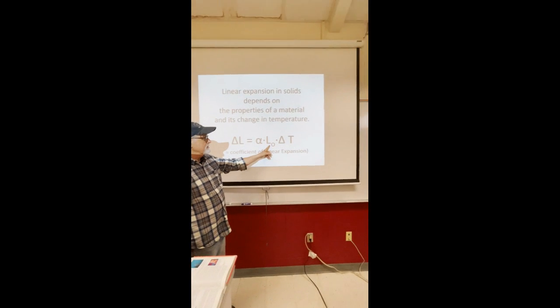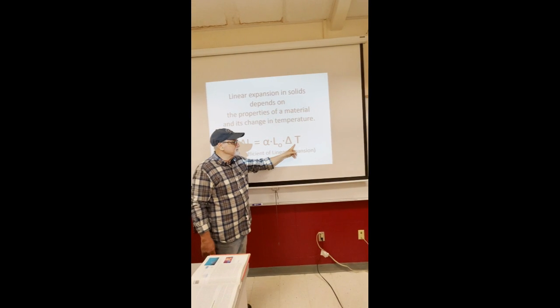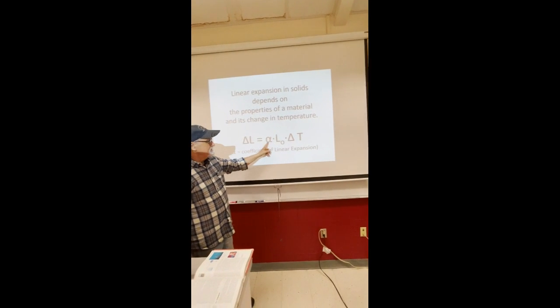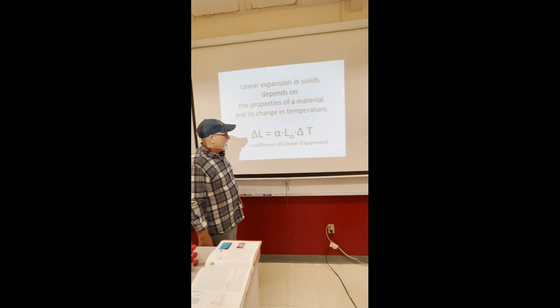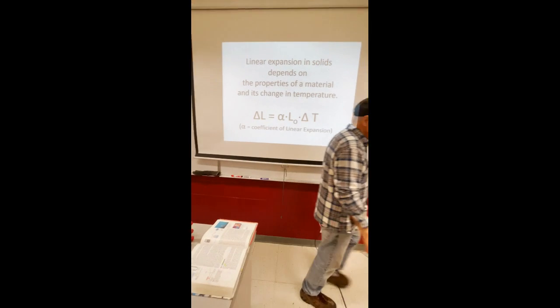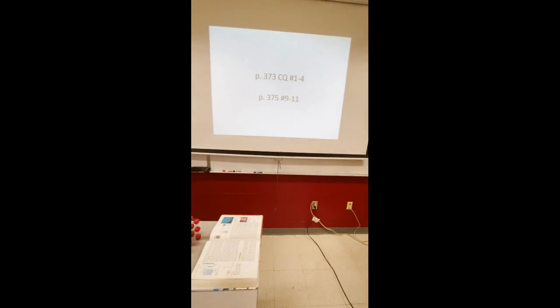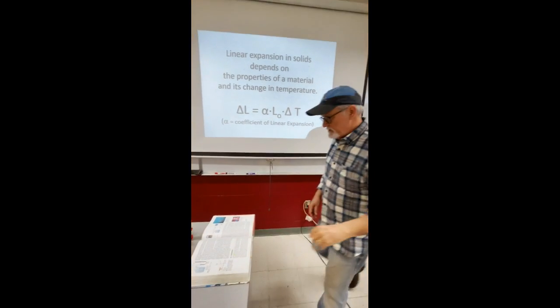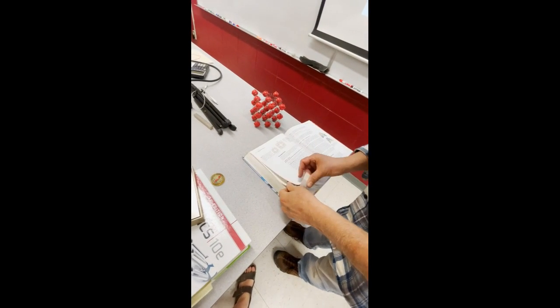You have how long your item is at first, times how much the temperature changes, times a coefficient. It's the coefficient of thermal expansion. Page 373. Oh, here we go.